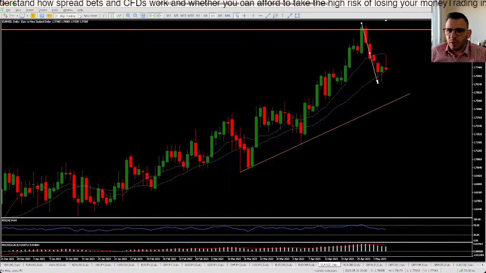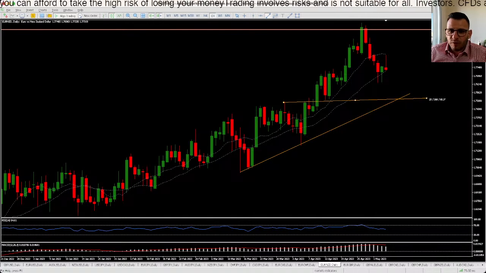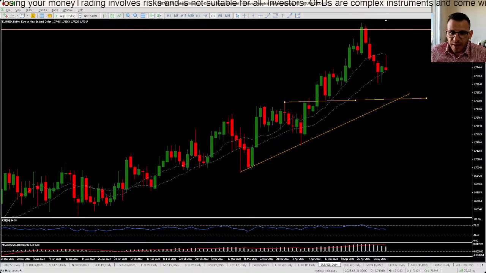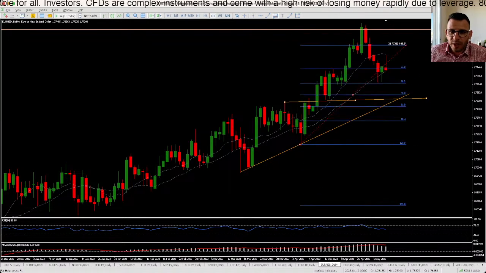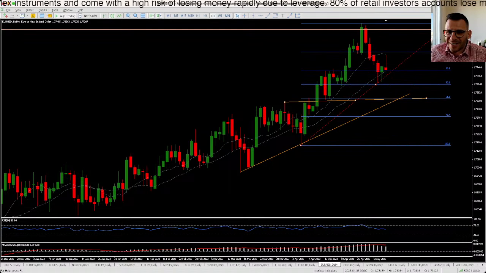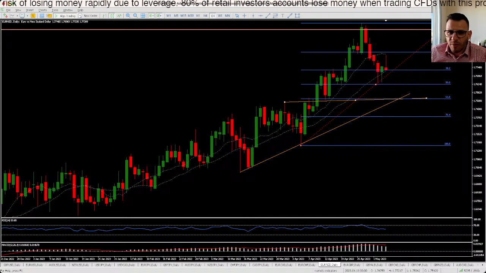Let me show you something else here. If we take this point of reference as a resistance that broke and can act as support, and if we take from the low to the high, we are somewhere here at the 61.8 fib retracement.